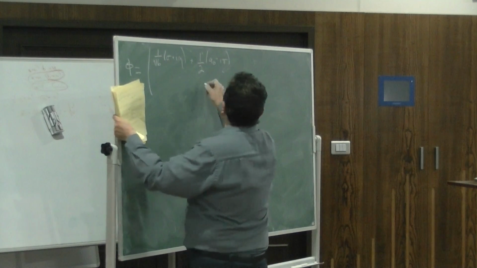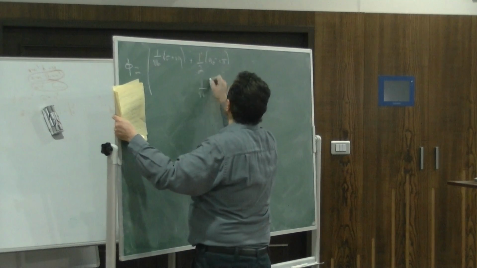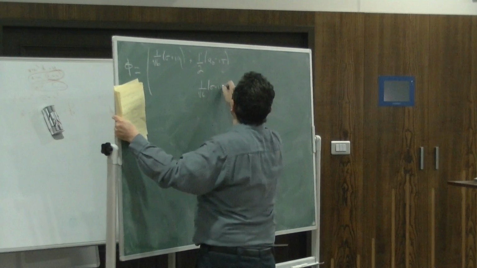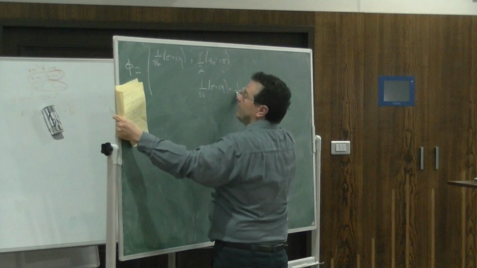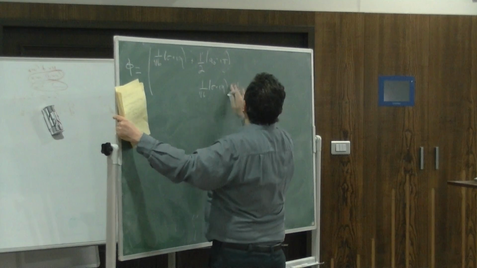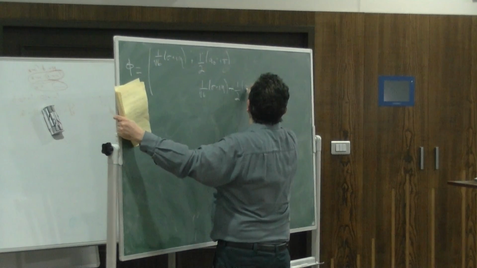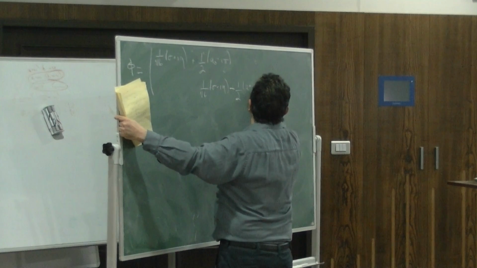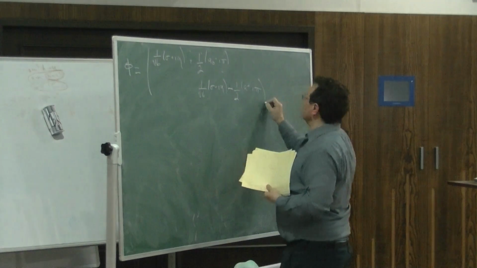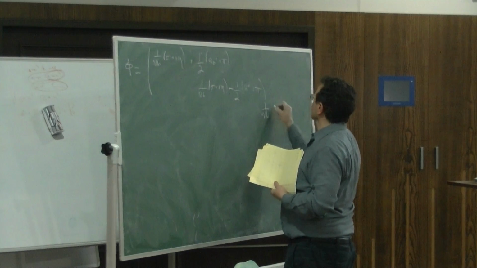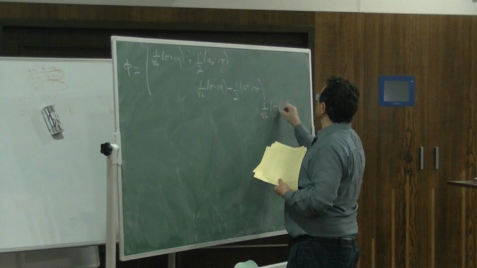Okay, that's 1. 1 over the square root of 6 sigma plus i eta plus 1/2 minus 1/2 A plus i pi. And then lastly, 1 over square root of 6 sigma plus i eta.